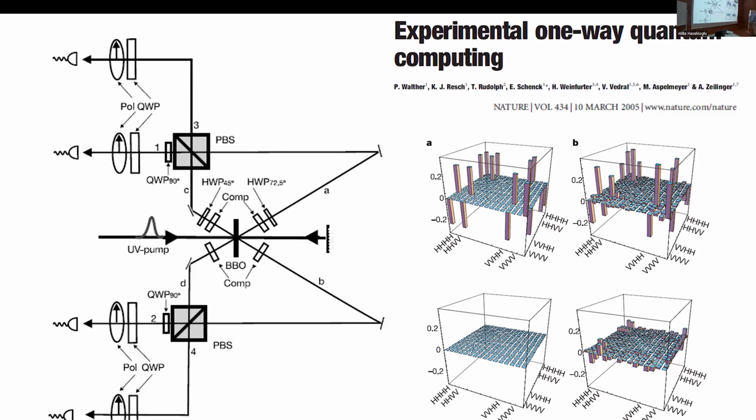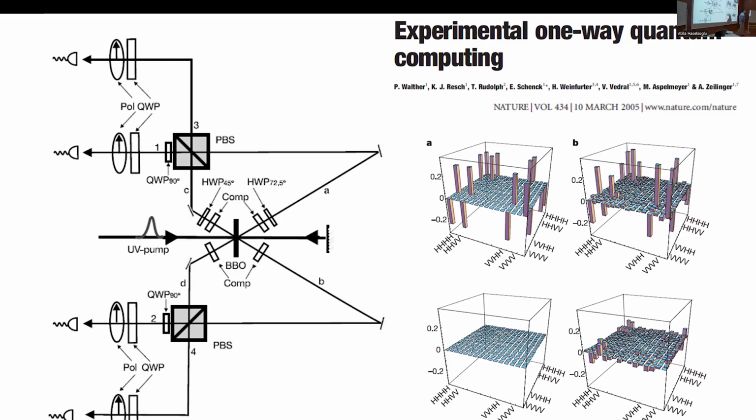Plus H, minus B. This is the state of the 4 photons.